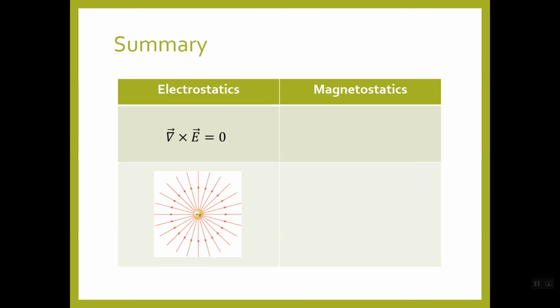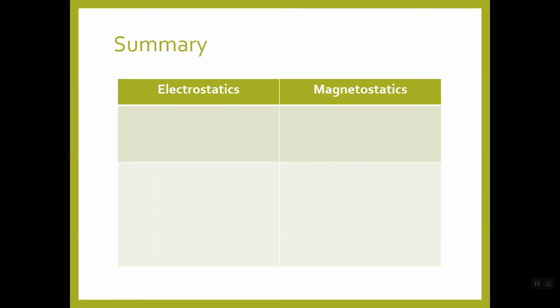We know that the curl of an electric field for electrostatics is 0. There's no curl, no swirl in the electric field. And the divergence of a magnetic field is 0. In electrostatics, we explored the concept of electric potential, which was defined by the line integral.